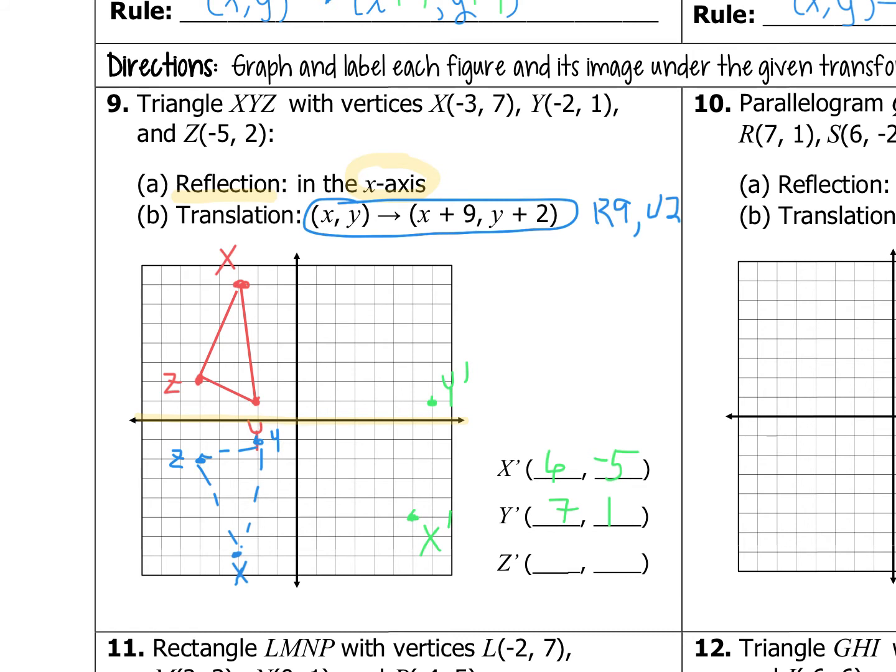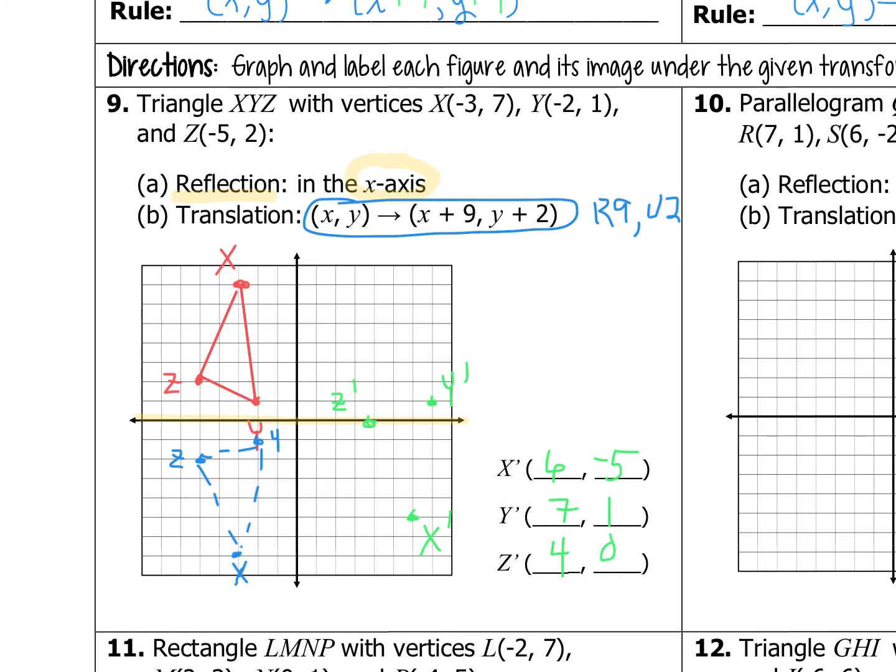And then our final point for Z, we're going to go right 9 and then up 2, so that puts us on the x-axis at 4. And so that is our Z prime. And then we're going to connect those. Oh, so wait, let me write that down before I forget. That is 4, 0.